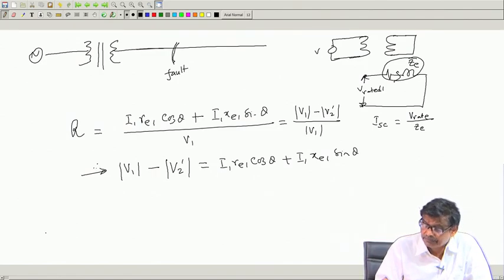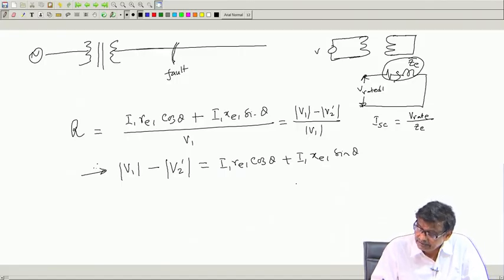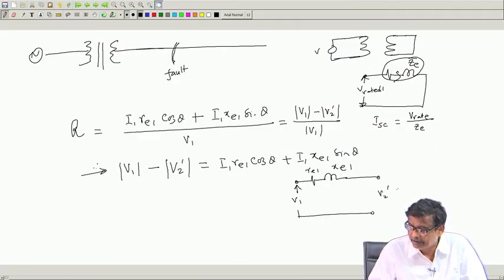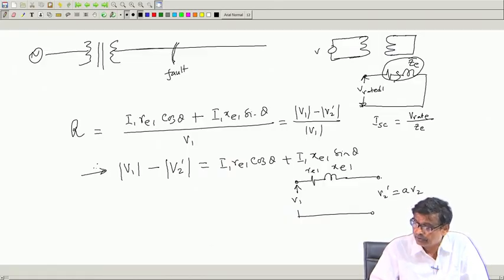For example, what I am trying to tell, what is this thing, the equivalent circuit? Re1, Xe1, this is V1 and this is V2 dashed. V2 dashed is nothing but a into V2, it is not the actual voltage across the load. This side load is connected, some Z2 dashed.